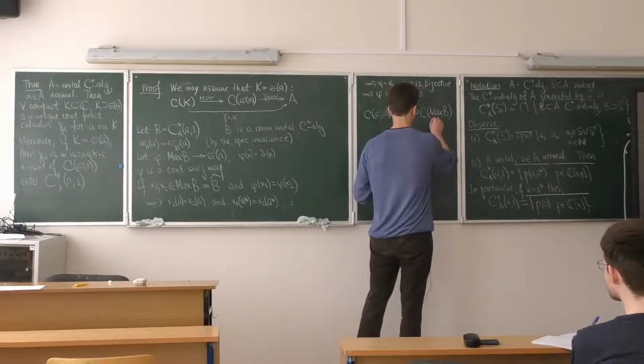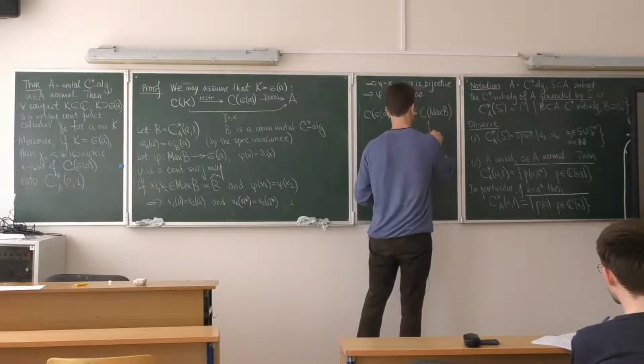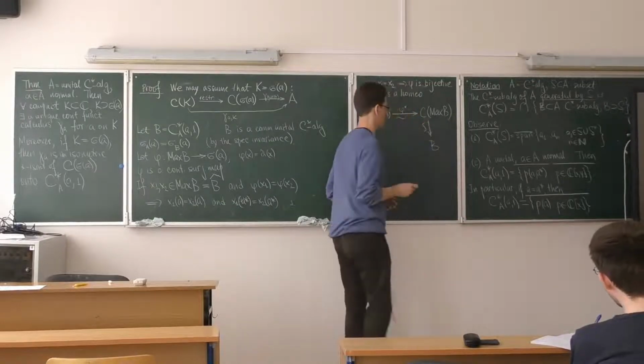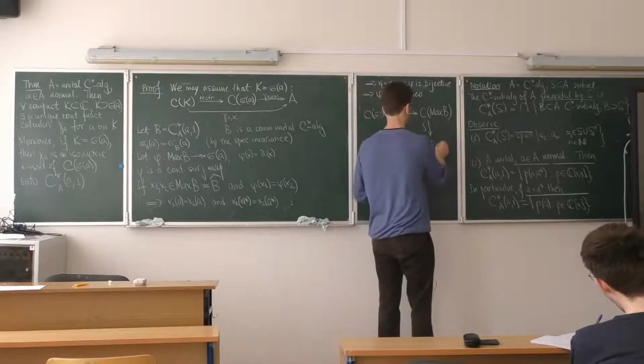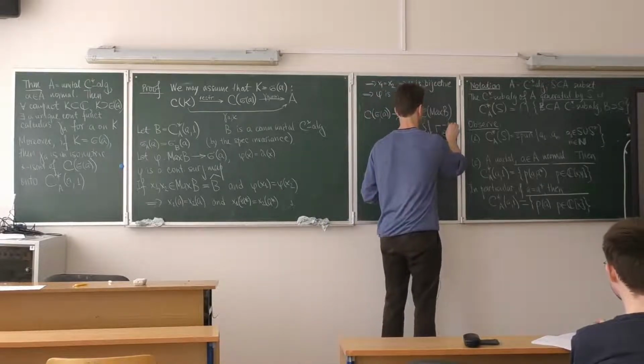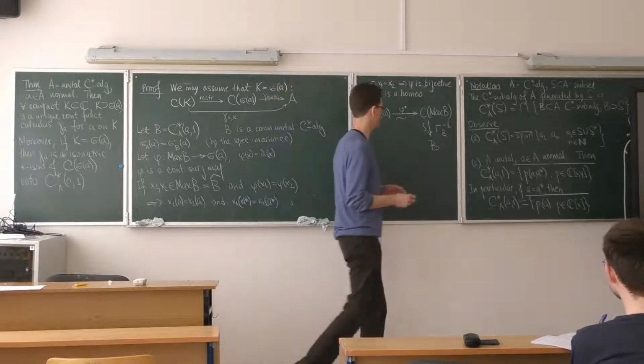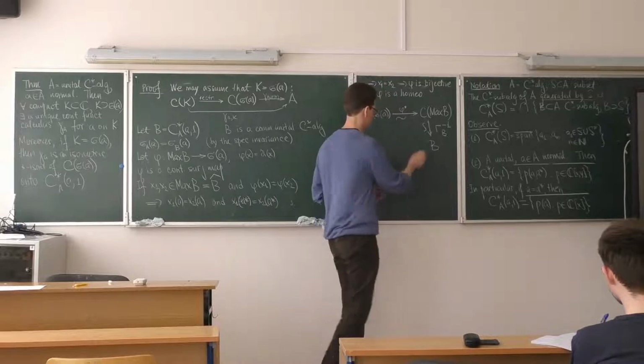Well, this algebra is isomorphic to B by means of the Gelfand transform. So this arrow is the inverse of the Gelfand transform of B. And B is a subalgebra of A.